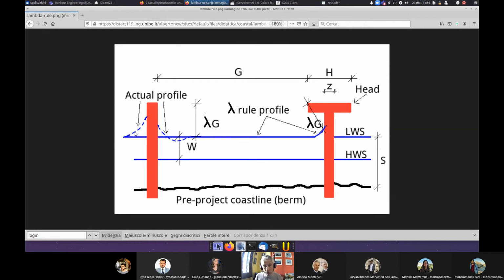So this gives you an idea of the position of the new low water shoreline. If you have a difference between low water and high water, for instance in different seasons, you have to take into account that the lambda rule gives you the position of the low water shoreline.